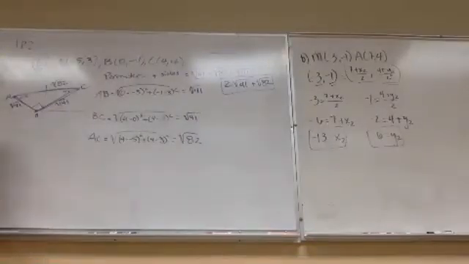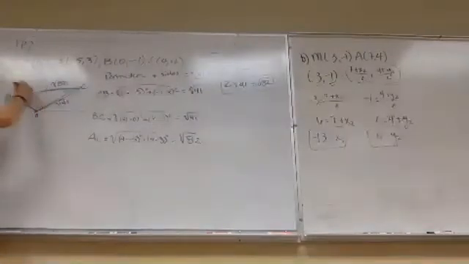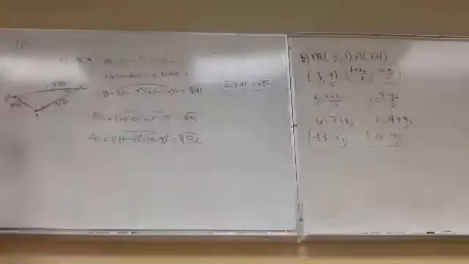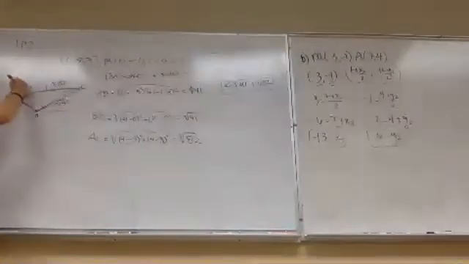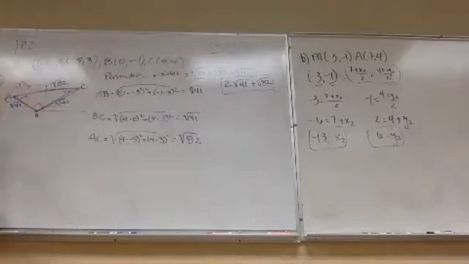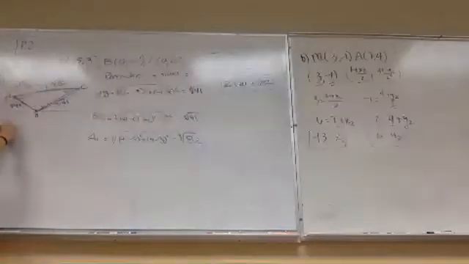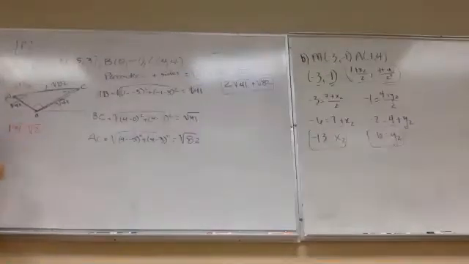Isosceles triangle. These guys are the same. And then, do you remember in our special right triangle, 45-45-90, how I get from the leg to the hypotenuse? I multiply by root 2. What's root 41 times root 2?